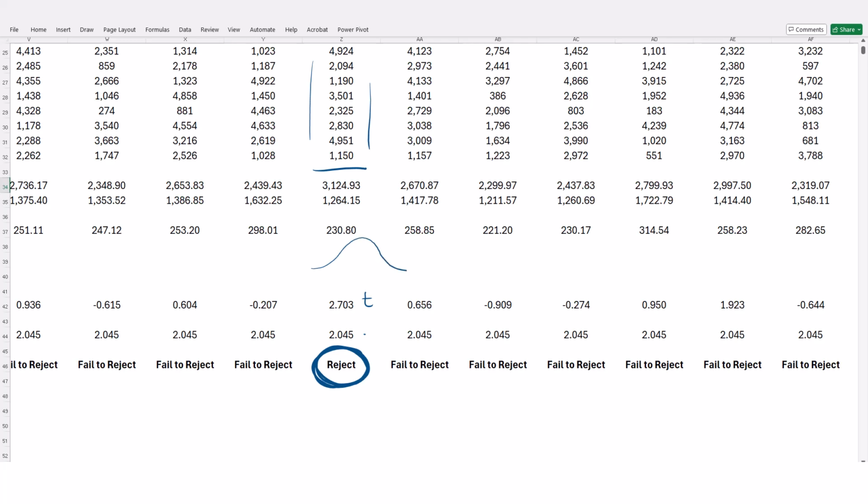For this one, we were in the rejection area. We say there's only a 5% chance that if the null was true, we would end up in that area. So with a 5% significance, we reject the null. Now, again, we happen to know that that is the wrong decision. We have rejected the null when actually it was true.